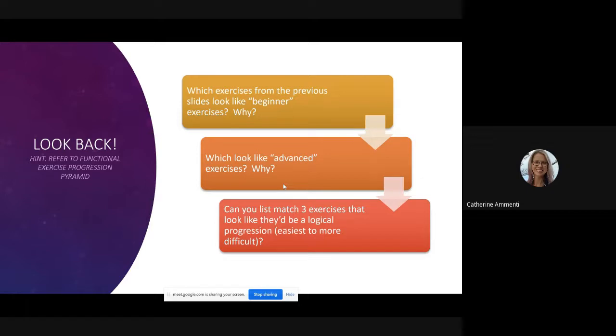So what looks easiest if I was working on one particular activity or muscle, what exercise looks like it would be the first progression off of that, and what exercise looks like it would be a third progression off of that. So the easiest to the most difficult, because this is what you're going to be doing in the clinic.